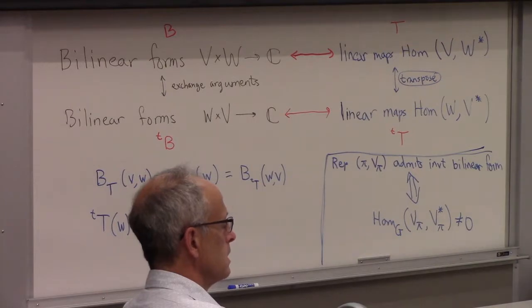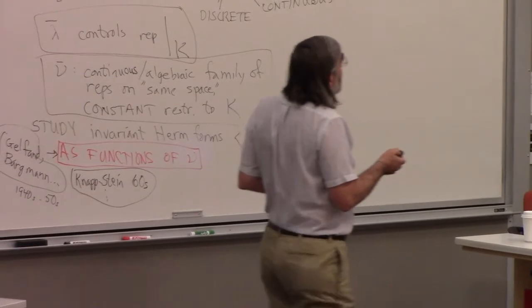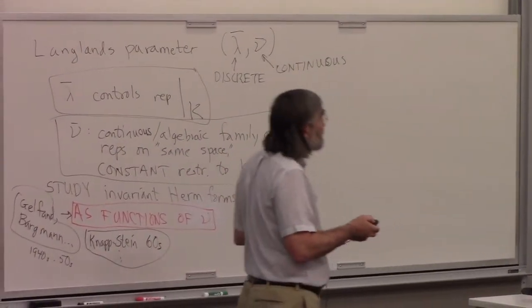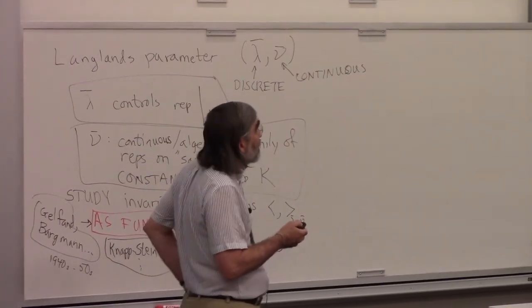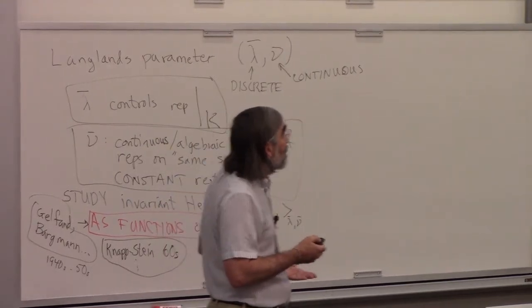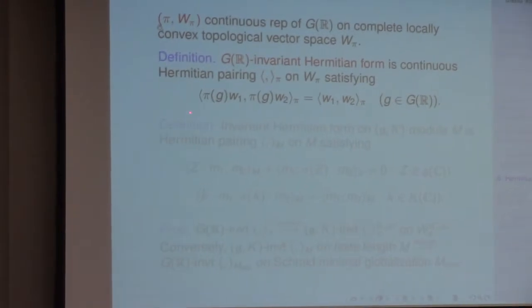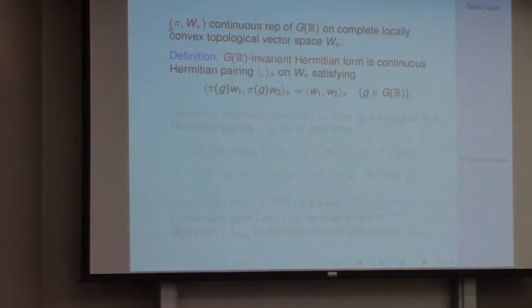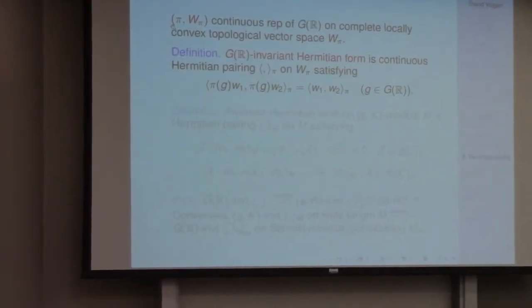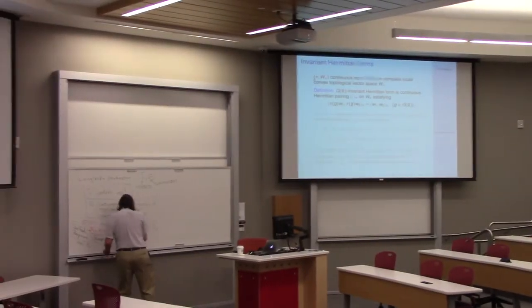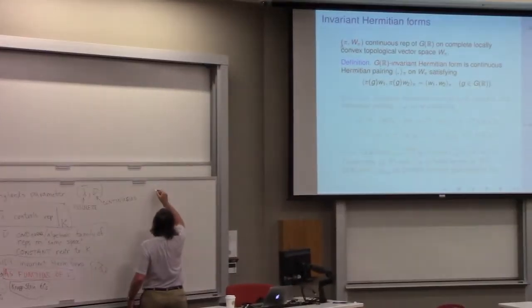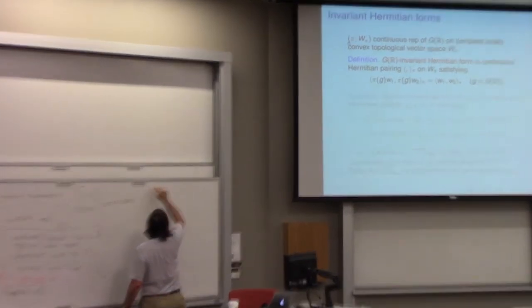So, well, here's what a Hermitian form is. If I have a nice topological representation of our real reductive group, then a continuous Hermitian form means a Hermitian pairing, and I'll write the definition of Hermitian up here.